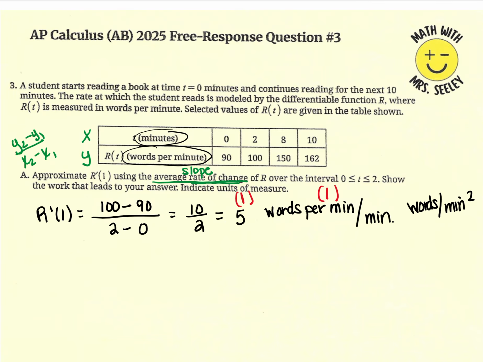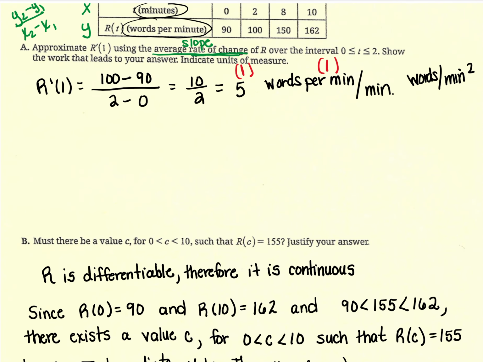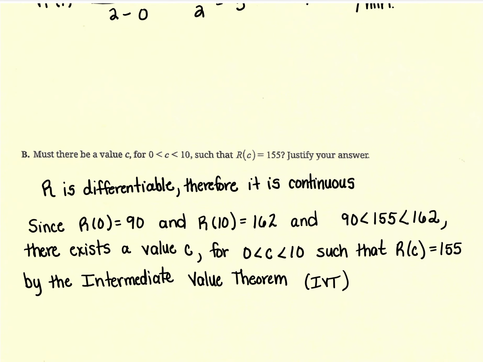The second part, B, says, must there be a value for C in the interval from 0 to 10 such that R of C is equal to 155, and we'll justify our answer. In this particular question, and the more of these that you do, you'll recognize what they're asking when you see this. You're using the intermediate value theorem.